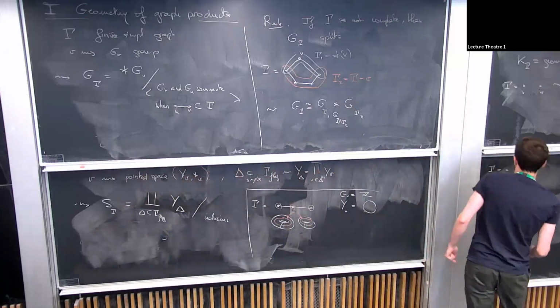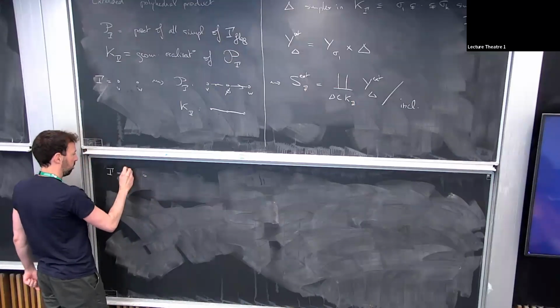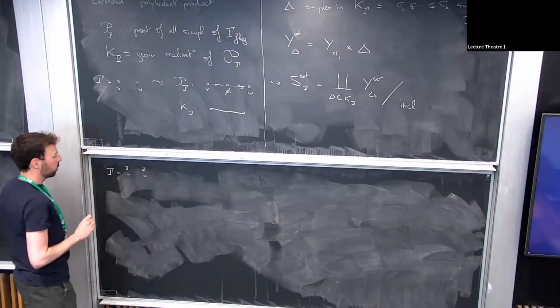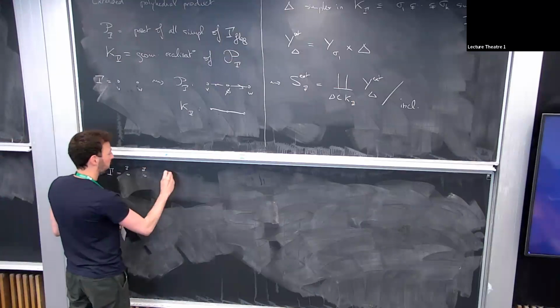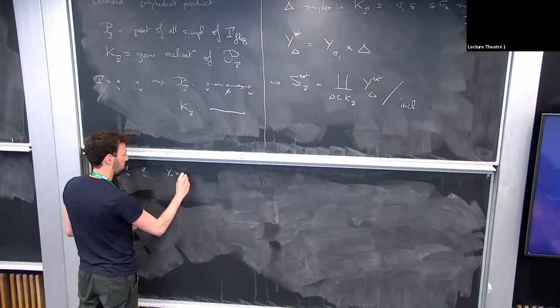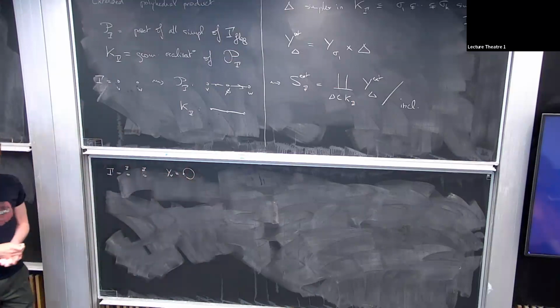So maybe let's mention that the groups I'm going to be looking at, the local groups, are copies of Z. The Y_V are going to be just a bunch of circles, just a circle with a base point for each.